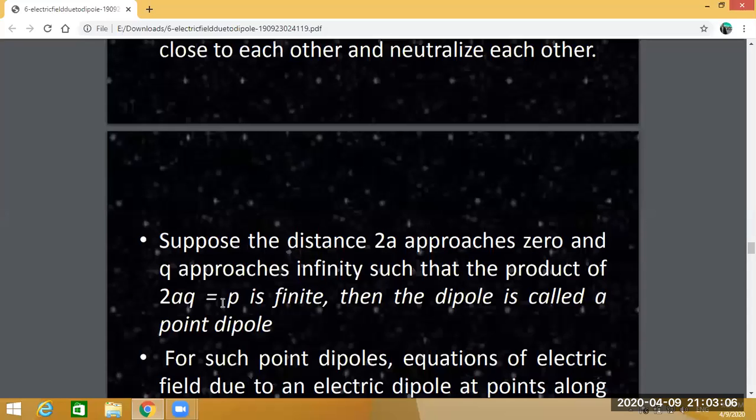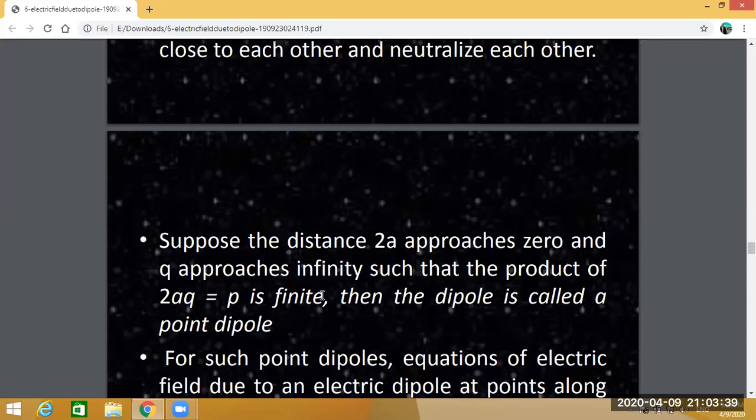In which case, when dipole length is reduced to zero and charge on dipole is increased to infinite, therefore, the product of dipole length, say 0, and magnitude of charge on dipole, say infinity, when multiplied together, we get 0 as a product. And a dipole with 0 dipole moment is called a point dipole.